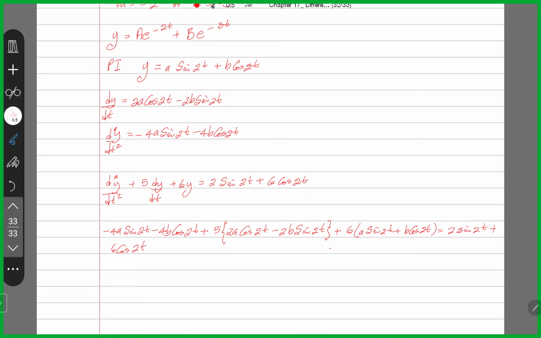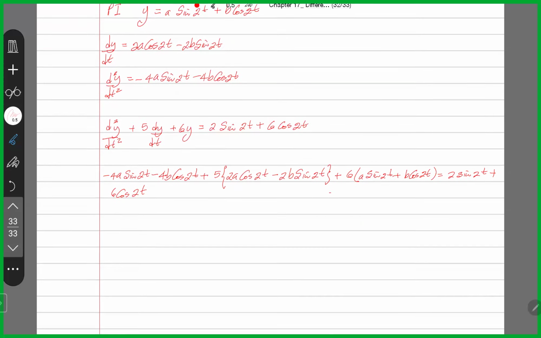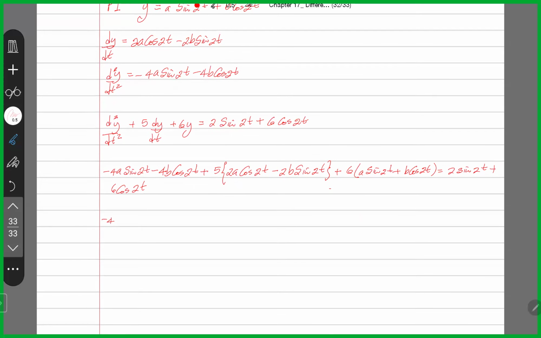All right, simplifying, we get minus 4a sine 2t plus 6a sine 2t. So that takes care of this and this. We have minus 4b cos 2t plus 6b cos 2t.